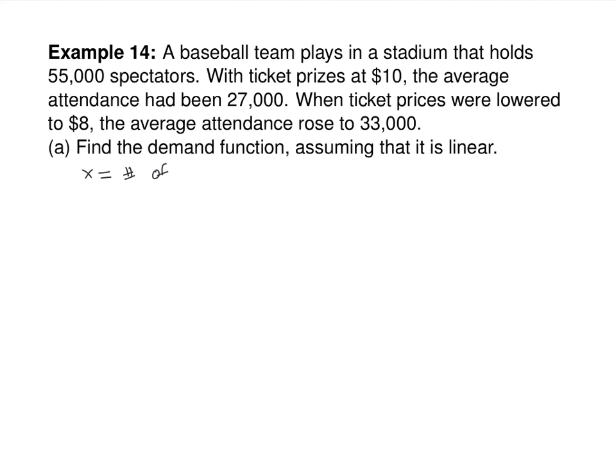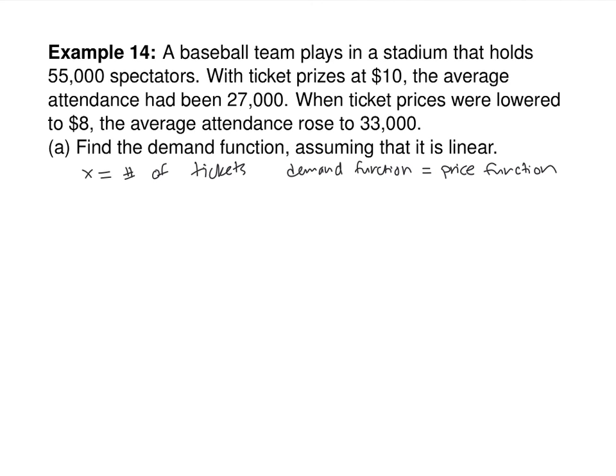X is always the number of things you're selling in this context of these problems. In this case, x is the number of tickets. And the demand function, this is what they call the price function.